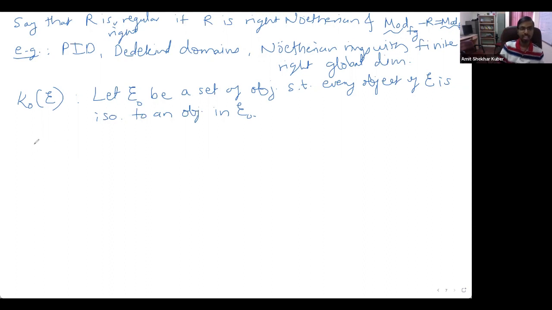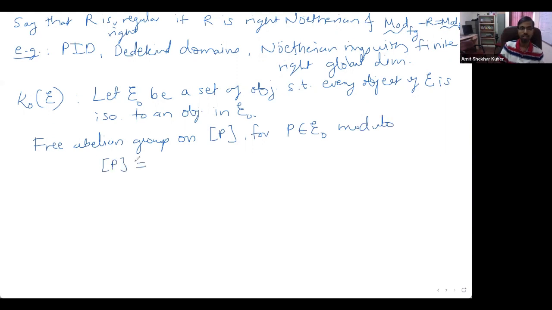Then consider the free abelian group on generators, the classes of P for P in E0, modulo these two types of relations.